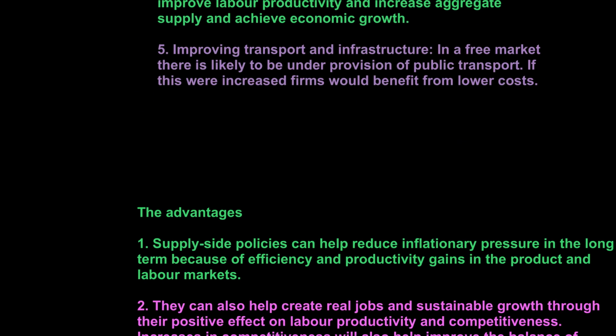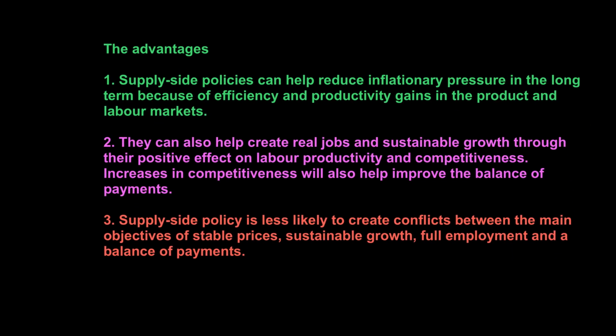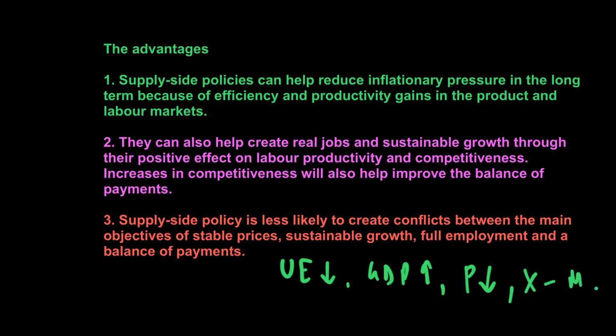So if you go back to this, there is basically creation of real jobs and sustainable growth, which means unemployment will fall, GDP will rise, price level will fall, and even X minus M will improve. So all the four policy goals are met, and that's why this is probably one policy which is very popular irrespective of whatever school of thought in economics is out there.